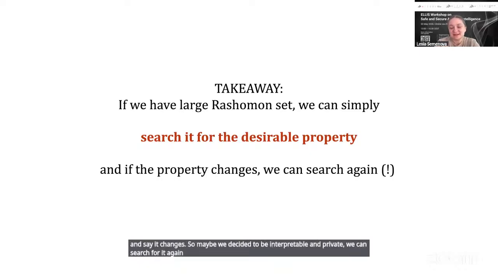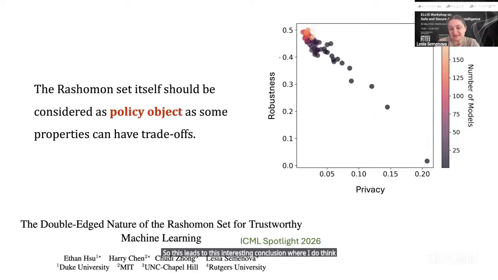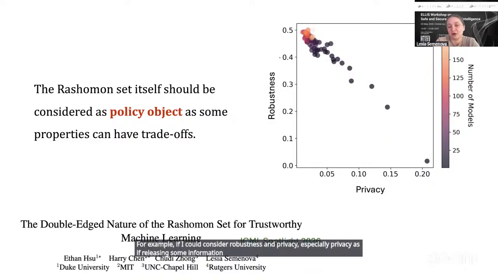So this leads to an interesting conclusion, where I do think that the uncertainty itself, the Rashomon set itself, should be a policy object. And it's important because some of these properties can have trade-offs. For example, consider robustness and privacy, especially privacy, as in releasing some information that leaks around my data set. These properties can trade off given the Rashomon set.